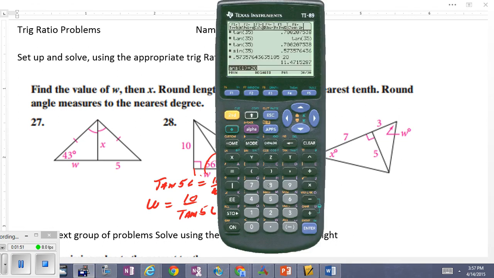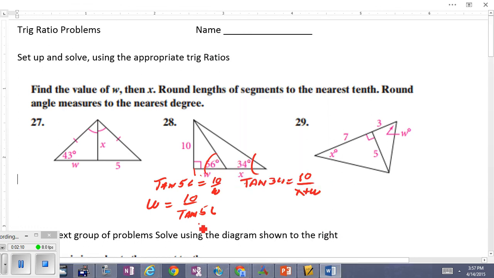What is 10 divided by the tan of 56? We'll see exactly what that is equal to. That is equal to 6.75, let's call it. Okay, so w is equal to 6.75.